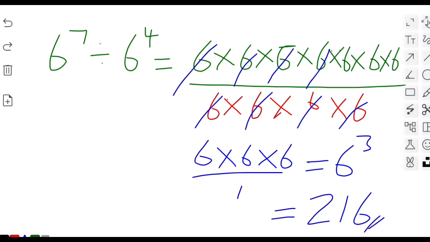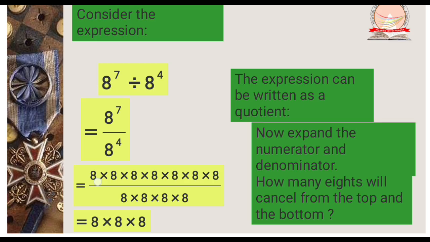Leaving my answer in what? Expanded form. So let's consider this expression here. If I have 8 raised to the power of 7 divided by 8 raised to the power of 4, I can re-express my question as a quotient by having 8 raised to the power of 7 over 8 raised to the power of 4. Now, we expand the numerator and the denominator.